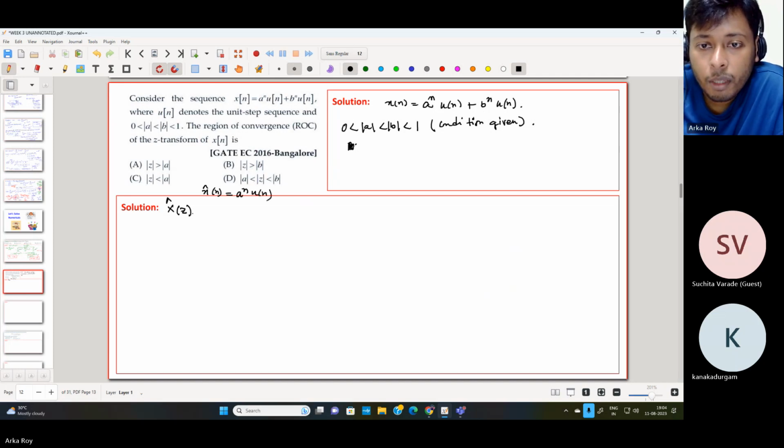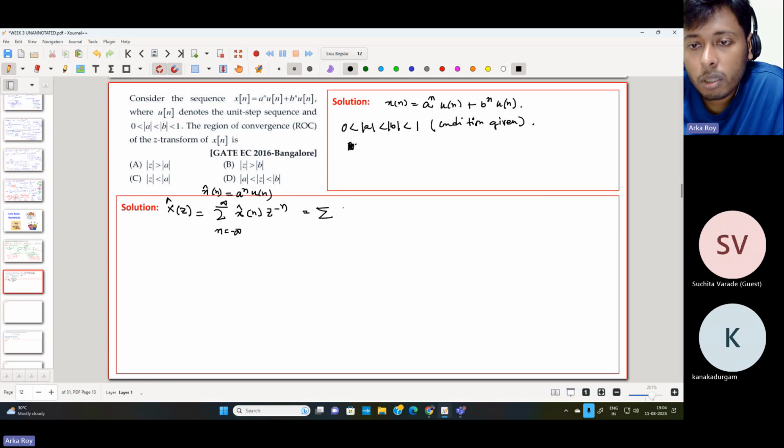So x cap of z will be x cap of n z to the power minus n, and n will be from minus infinity to infinity. Now, if I put this as a to the power n u of n z to the power minus n, n will be from 0 to infinity, because we are now dealing with a right-sided sequence.